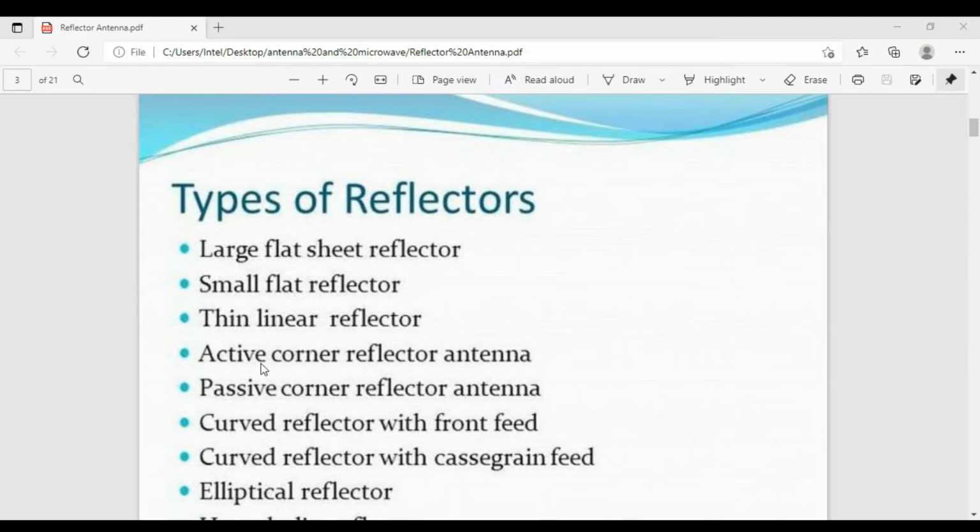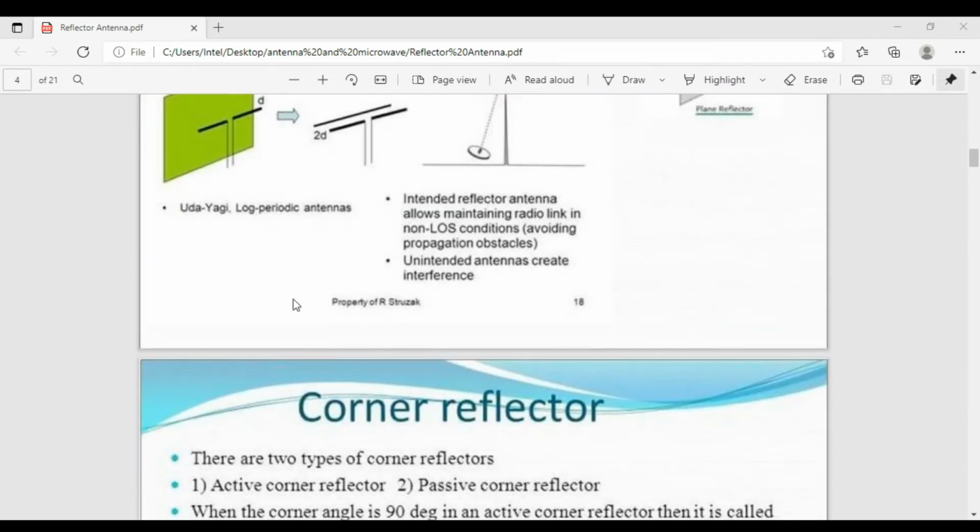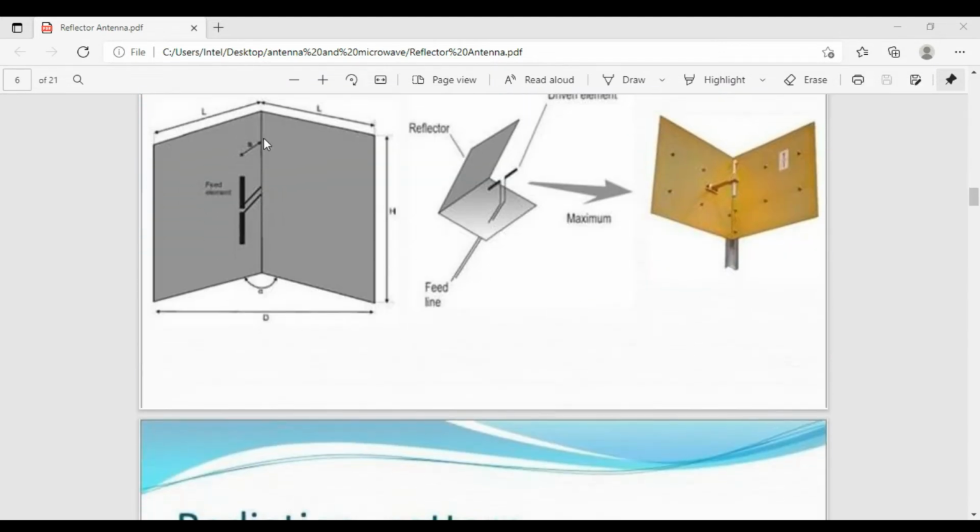Here it is the corner reflector. In front of this reflector, the feed line will be there. If the angle between these two plates is 90 degrees, it is known as a retro reflector, R-E-T-R-O, retro reflector.